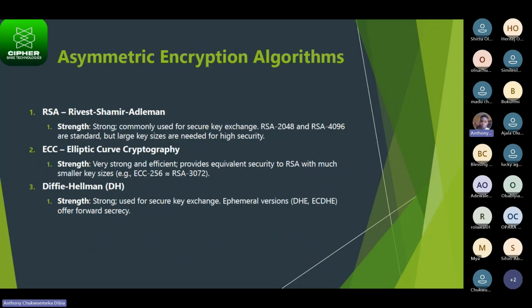Now, the asymmetric encryption algorithms. We have RSA, which is Rivest-Shamir-Adleman. This is usually used by HTTPS. It is the encryption algorithm your HTTPS site uses over SSL and TLS.